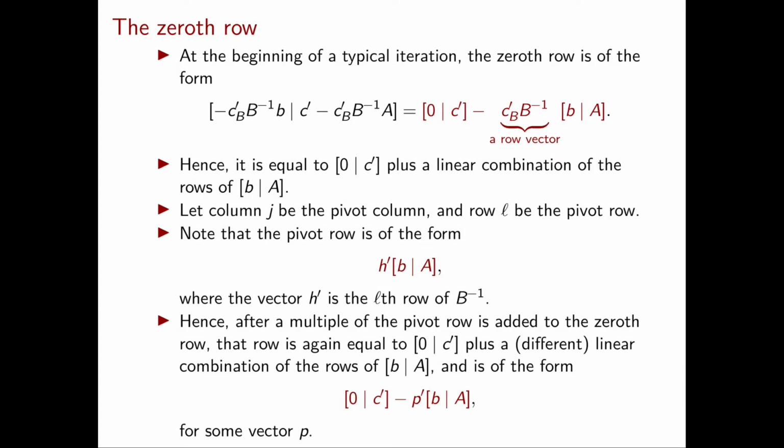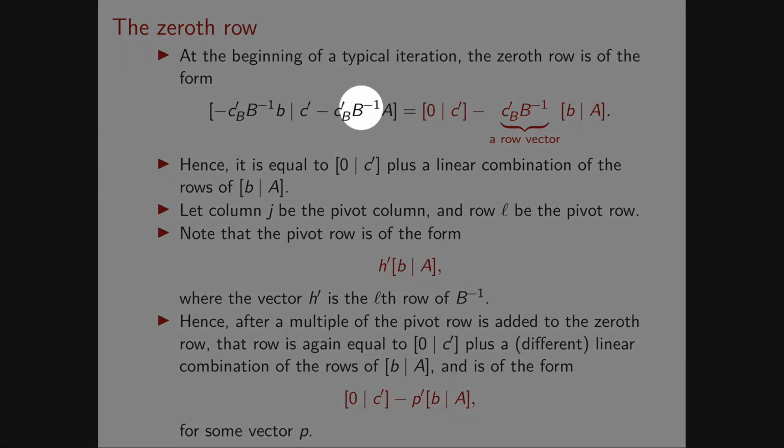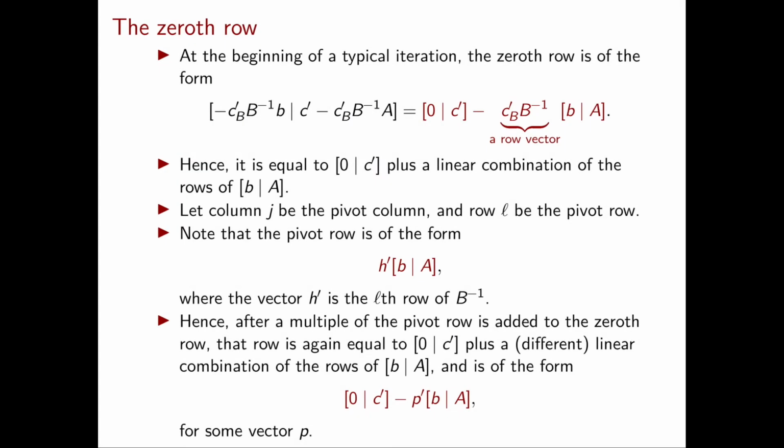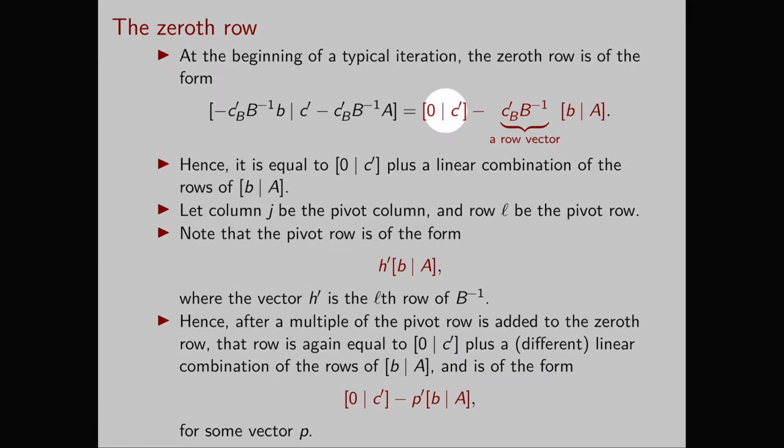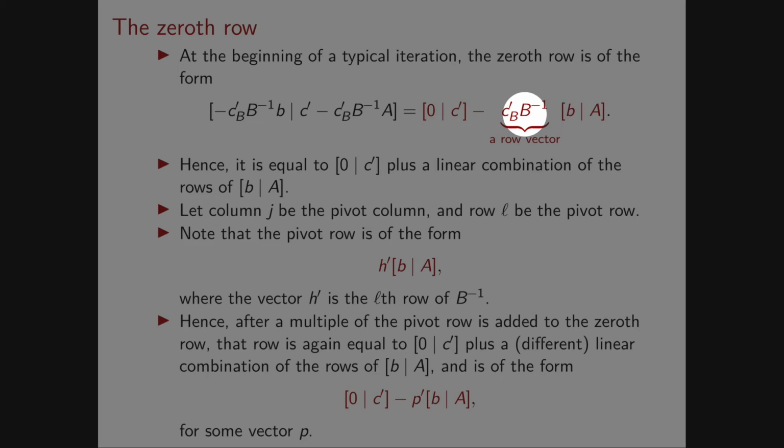You can immediately see that minus CB transpose B inverse appears in all columns of this vector. So we can factor it out and write this row vector as 0 C transpose minus CB transpose B inverse times [b A]. At this point, I don't really care so much about what this quantity over here is.